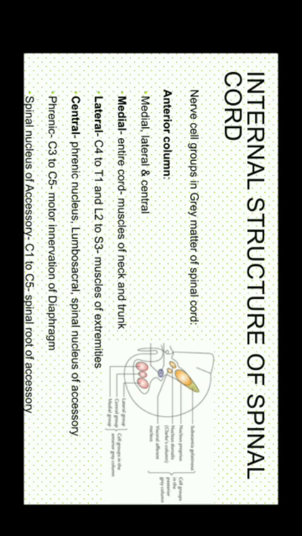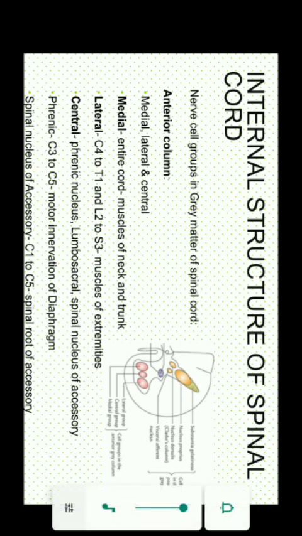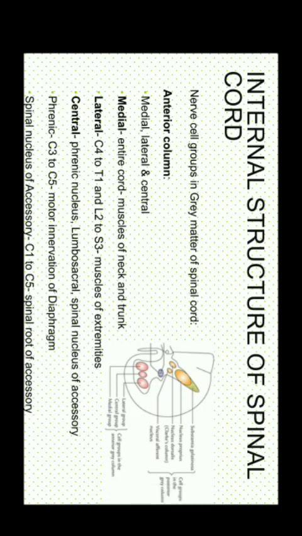It's a cranial nerve, but it gets additional spinal support from this nucleus. So this nucleus is present at C1 to C5, the spinal root of accessory. The last one, the lumbosacral nucleus, its function is unknown. Okay.